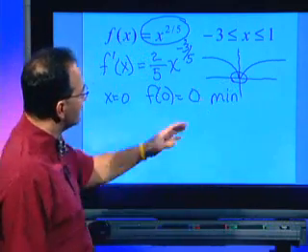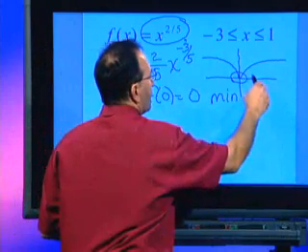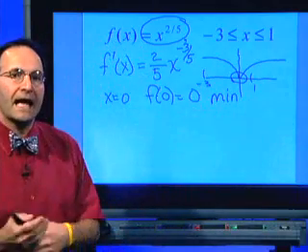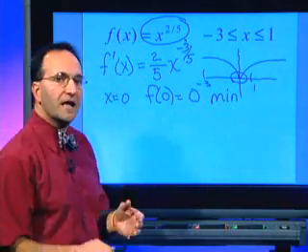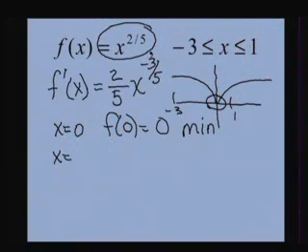What's going to happen is one of them is going to be a maximum, either the endpoint over here for 1 or the one for -3. And again, if I had drawn the graph accurately, we could tell, but let's just plug these in and see what happens. If we have x equals -3, then we want to find f of -3.